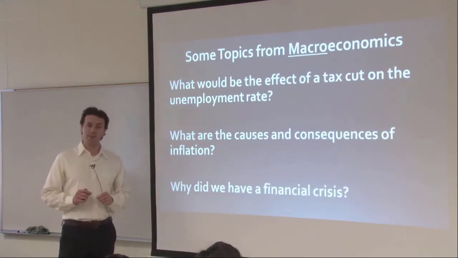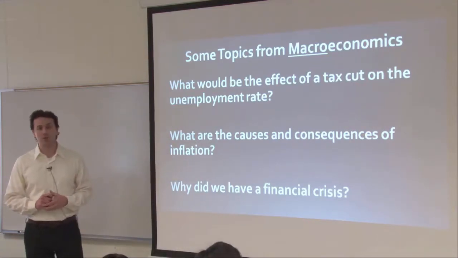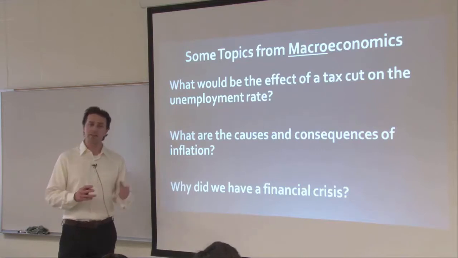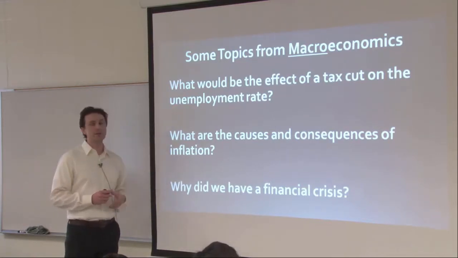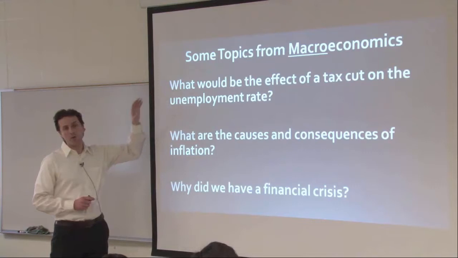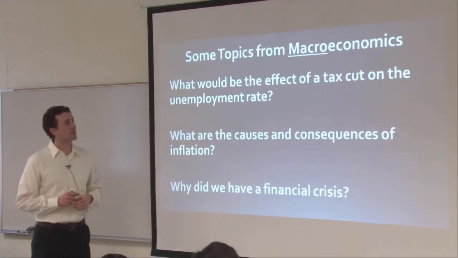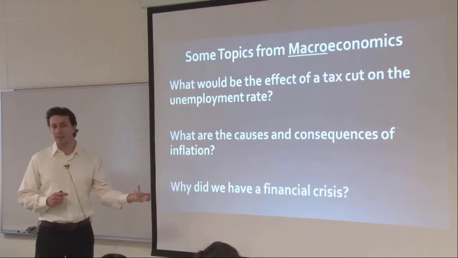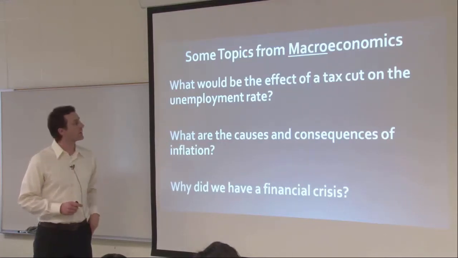Their disposable income, their after-tax income, would be higher, right? And if people have more money to spend, then that's going to help the economy grow a little bit, and so hopefully there'd be less unemployment. So a topic of macroeconomics is figuring out how a tax cut might affect the unemployment rate. If you cut the taxes by this much, then how much is the unemployment rate going to be affected, and so on and so forth, right?